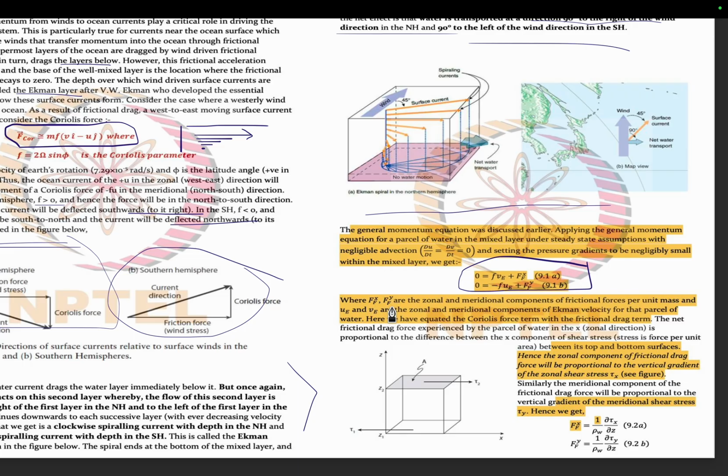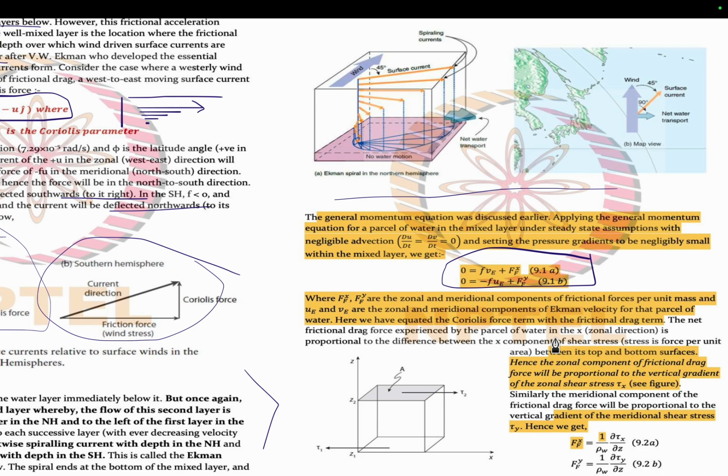Ffx and Ffy are the zonal and meridional components of the frictional force, and Ve and Ue are the meridional and zonal components of the Ekman velocity for the parcel of water in the mixed layer. Here we have equated the Coriolis term with the frictional drag term.